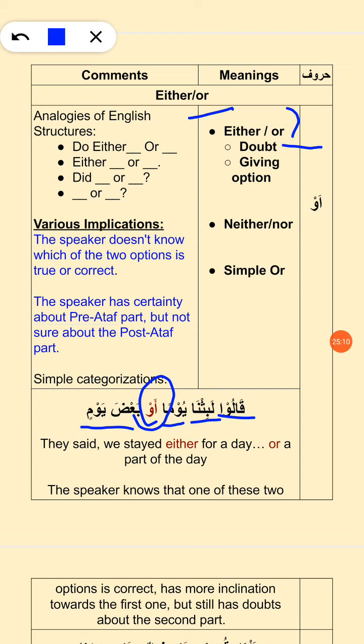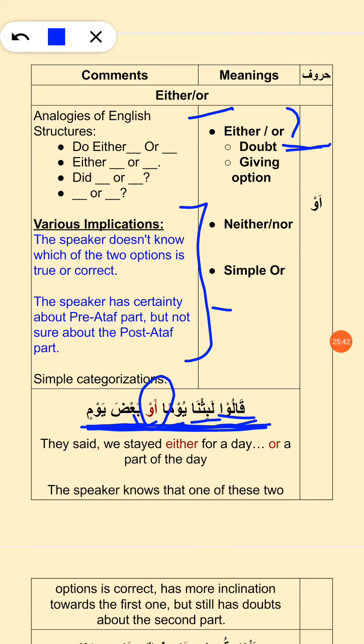Now here there are two implications, and this involves advanced Arabic, but just so that it is clear for those who want to know the subtle difference. The speaker doesn't know which of the two options is true or correct, and that's what he expresses, so it shows doubt.